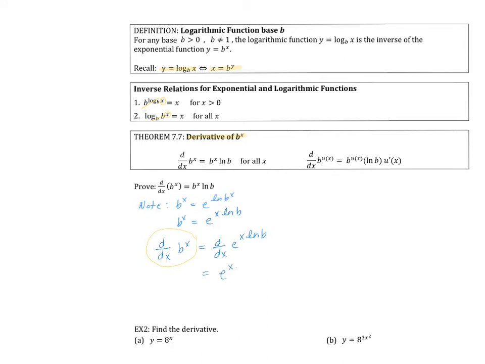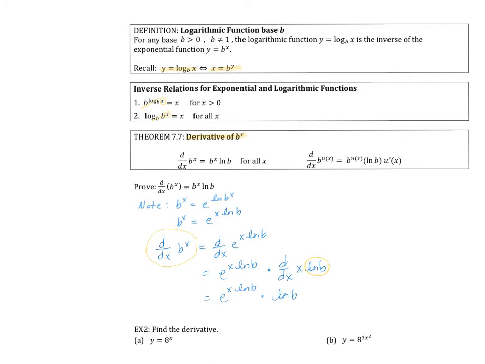So e to the x natural log of b times the derivative with respect to x of x times natural log of b, by the chain rule. But the natural log of b is just a constant, like 2. So the derivative of x times natural log of b is just natural log of b. So the right-hand side is going to be e to the x times the natural log of b times the natural log of b.